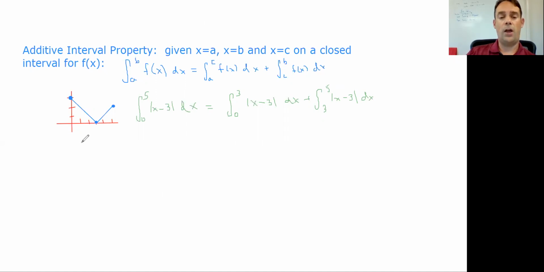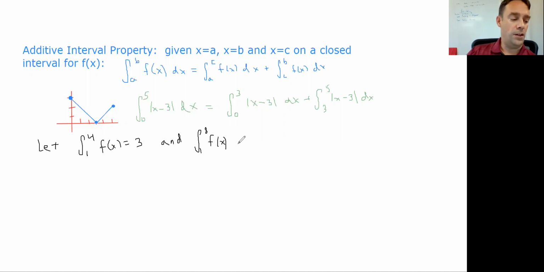So how's this potentially going to work for us? Say I give you something like this. Let's go from 1 to 4, and let's say that equals, and I don't know what the function looks like, I don't really care, let's just call it 3. And what if I know that from 1 to 8 it equals 11?